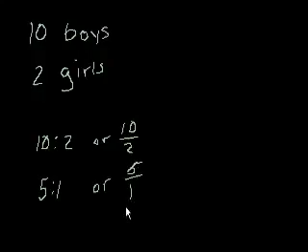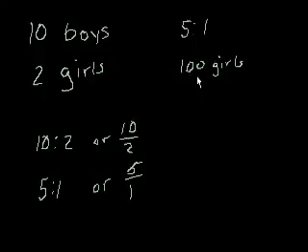So what does that mean? All that means is that for every 5 boys, there's 1 girl. And so if we told you that the ratio of boys to girls in a room is 5 to 1, and we told you that there are, let's say, 100 girls, then we'd know that for every one of those girls, there's 5 boys.